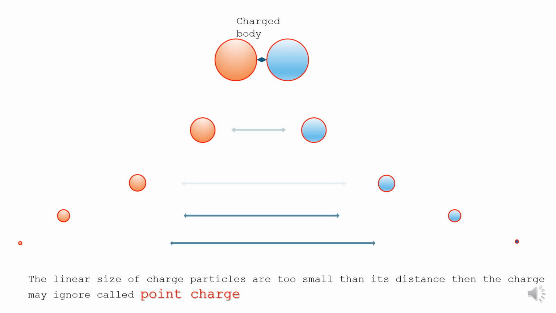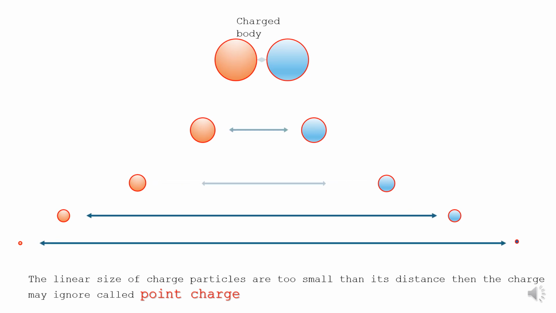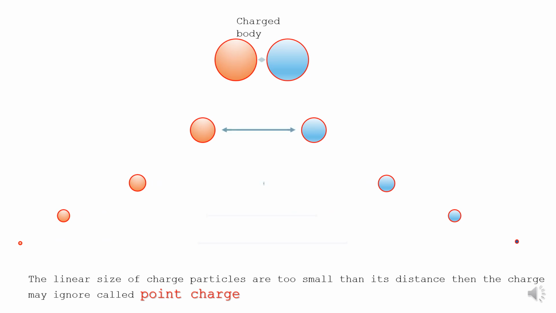You can see here from top to bottom, the linear size has been reduced drastically, whereas the distance has been increased. In that particular case, the bottom one is declared a point charge. The bottom one we will call a point charge.